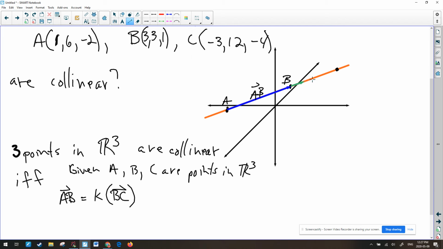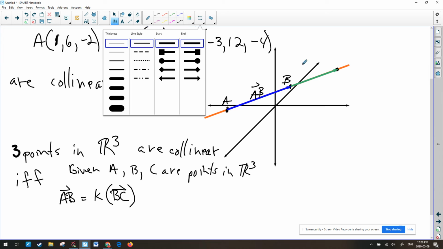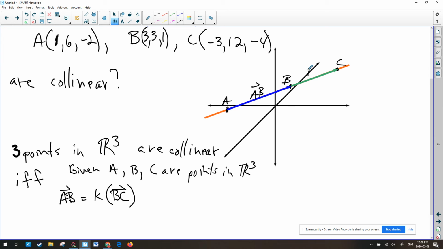So there's C, and this would be vector BC. What we want to do is demonstrate that BC can be written as some scalar multiple of AB. This is showing that these vectors are collinear, because that's also the definition.